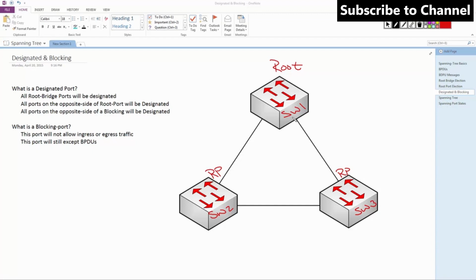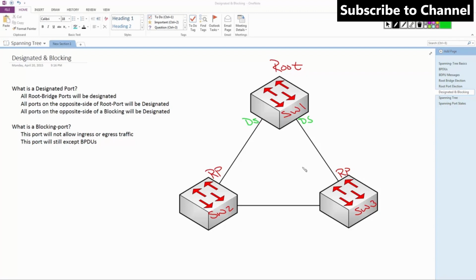Another important thing to understand: all the ports on the root bridge are going to be designated, so we can put designated here, designated ports or forwarding ports. We also have to understand that anytime you have a root port, on the other side of that root port will always be designated. Remember what the job of a root port really is. Its job is to get you to the root bridge. Period.